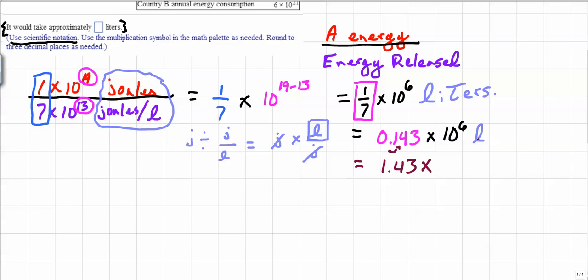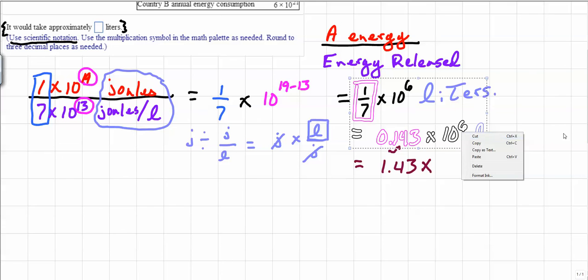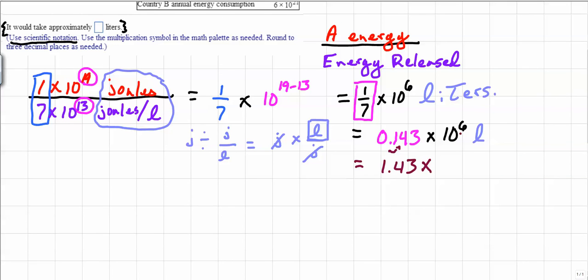If I'm moving to the right, this is going to increase by 1, and I'll have 1.43. I believe I said increase and I meant to say decrease. This will decrease by 1. So this is going to be 10 to the 5th power. This is still going to be in liters. So the answer will be, it would take approximately 1.43 times 10 to the 5th liters.